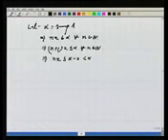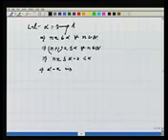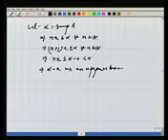Well, what does it mean? As alpha minus x is less than alpha, I see that it implies alpha minus x is an upper bound of the set A.